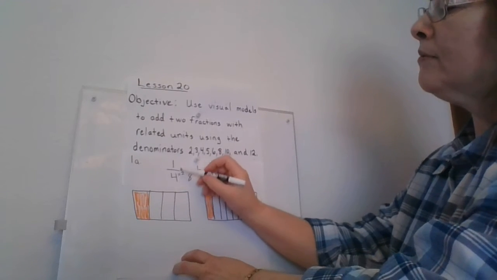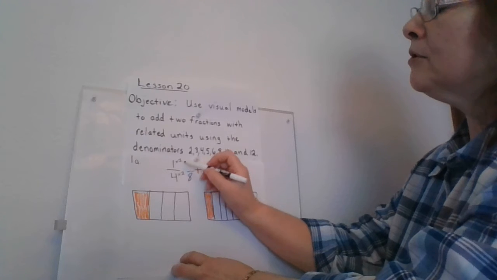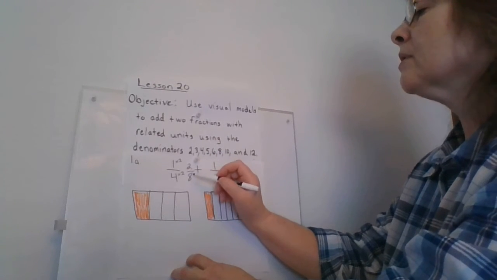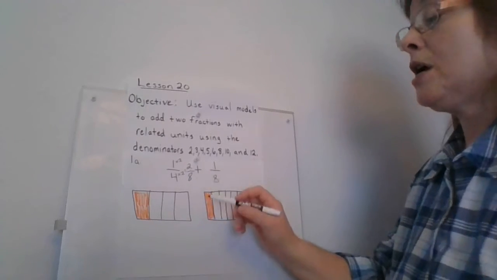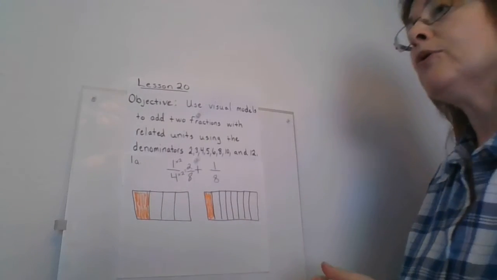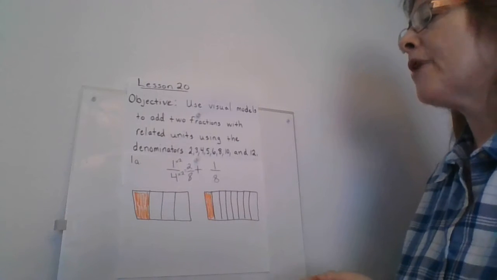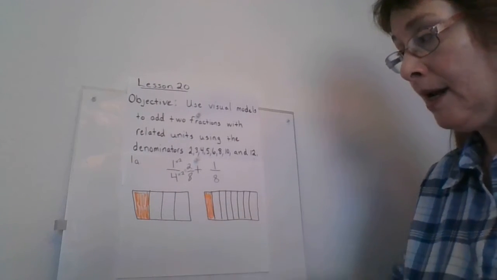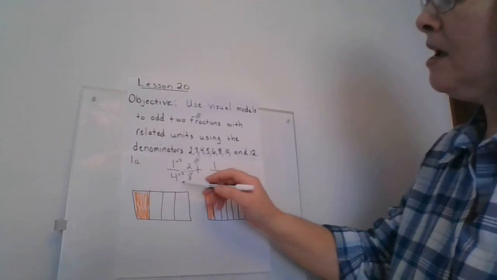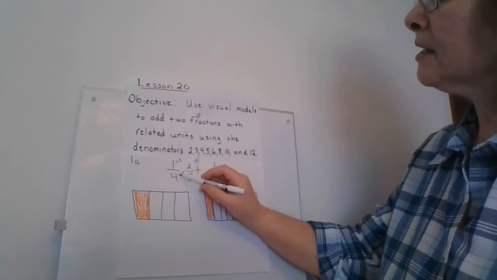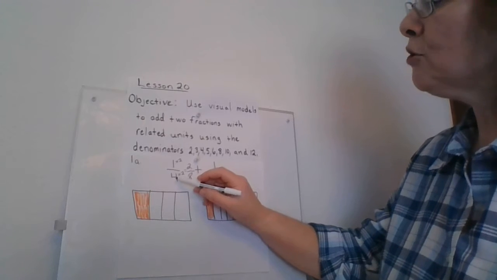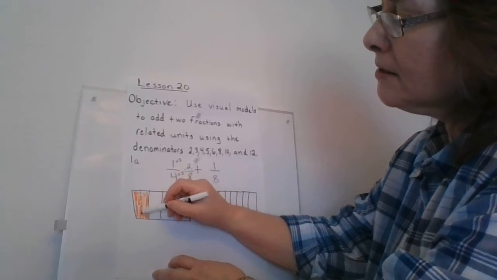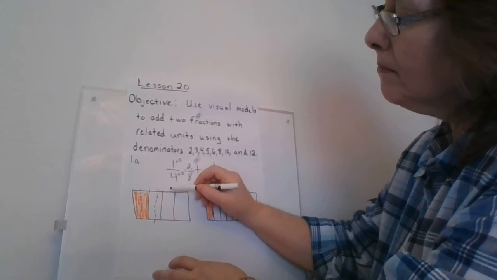But the rule says that whatever you do to the denominator, you have to do to the numerator. So 1 times 2 is 2. So I just changed 1/4 into 2/8. I made them equivalent fractions. So I'm going to do the same thing on my tape diagram. If I go to my fourths, I have to take each piece and make it into 2.